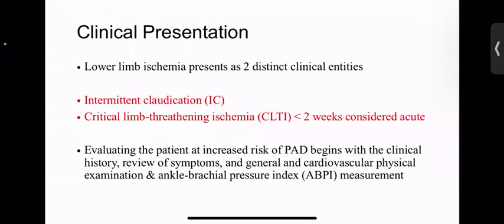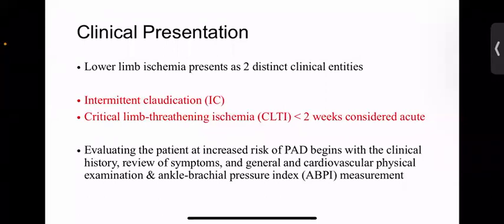When we want to evaluate a patient at risk for peripheral artery disease, we begin with a clinical history, where we try to establish the presence and duration of the risk factors, namely smoking, amongst others. We also use this chance to review the patient's symptoms, their duration, the kind and severity, and how they affect the patient's life.